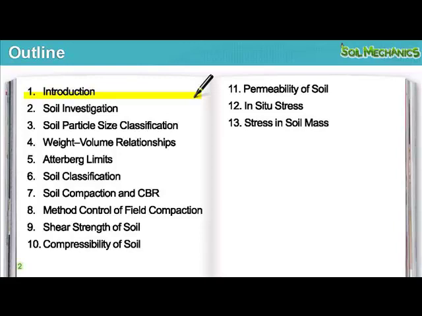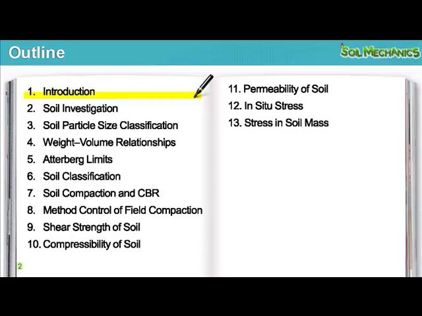Chapter 8 is method control of field compaction. It's also important when we compact the soil at the field, like compacting soil for road construction. We need to control or check how it is compacted.